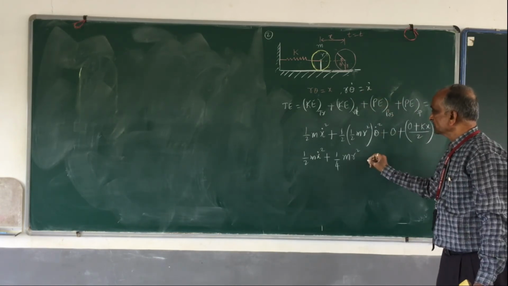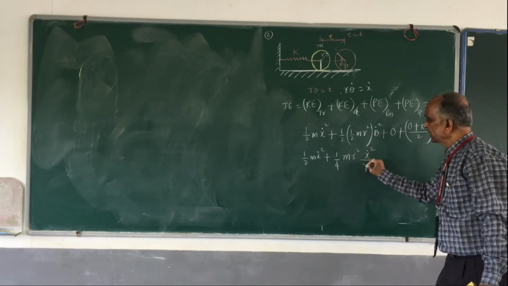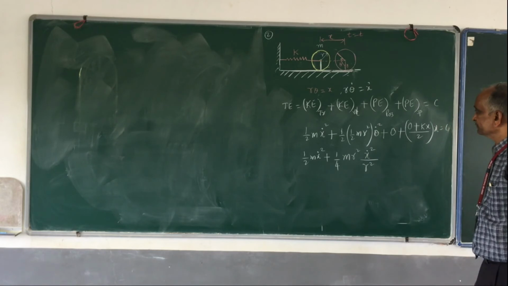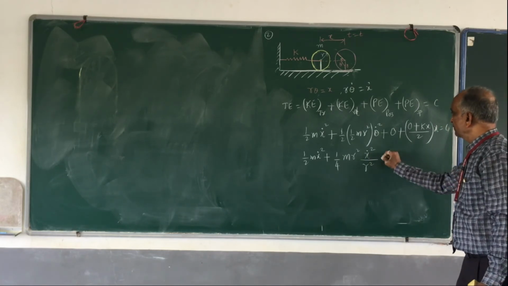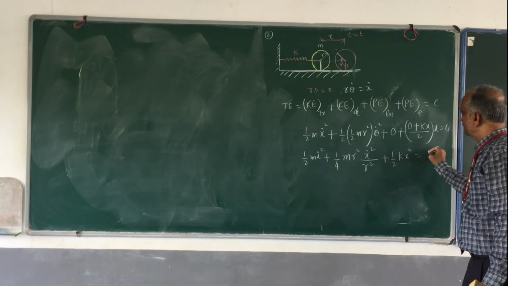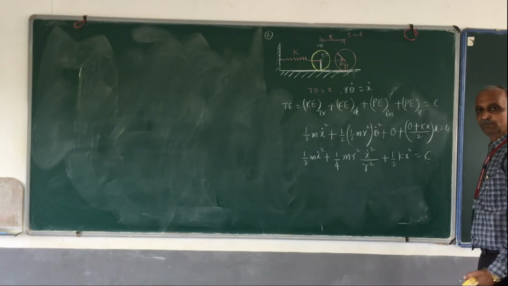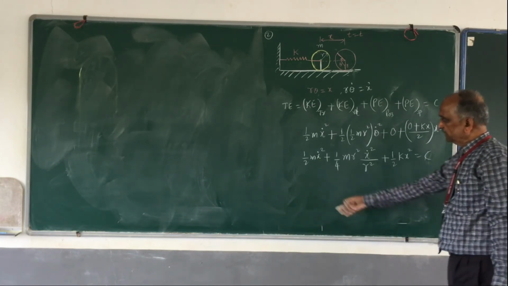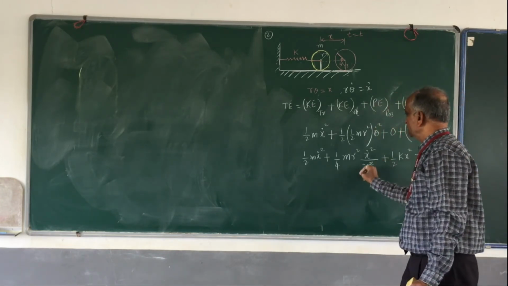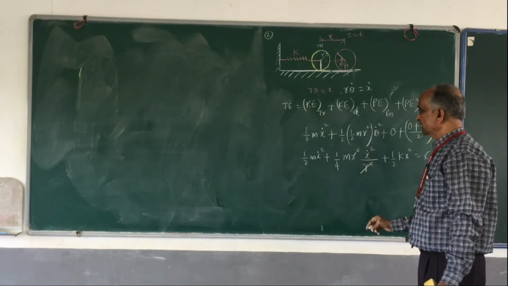So theta dot square is equal to x dot square divided by r square, plus 0, plus half k x square, equal to constant. I have not differentiated it yet. In the very next step, I shall differentiate. r square, I shall cancel, so this term and this term I can plug in.